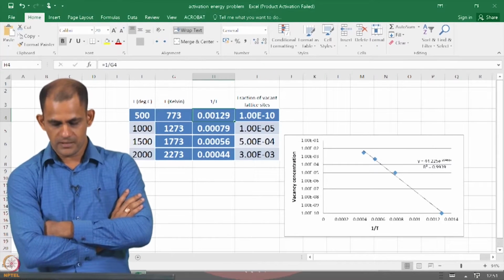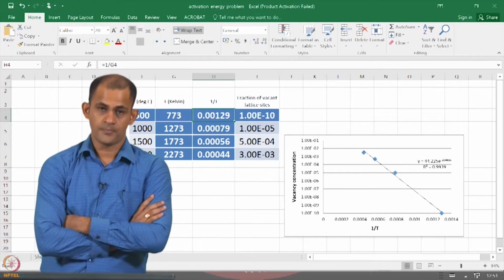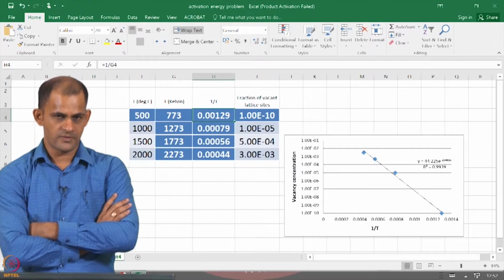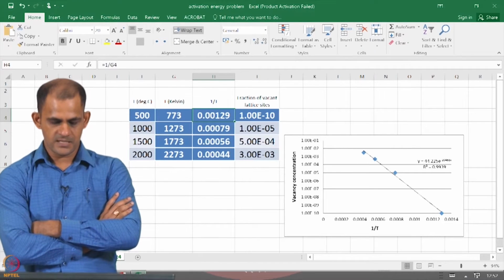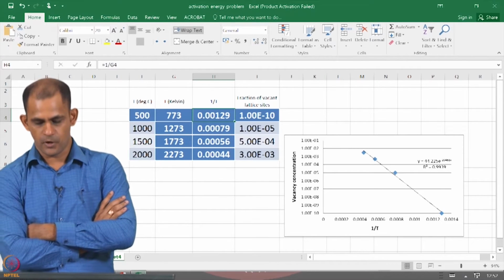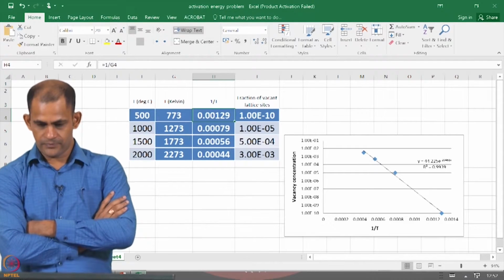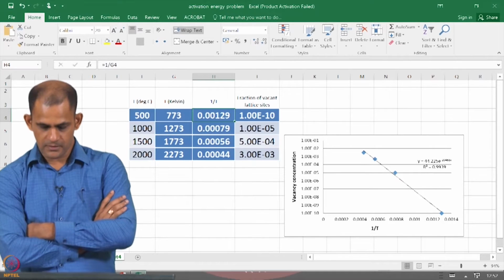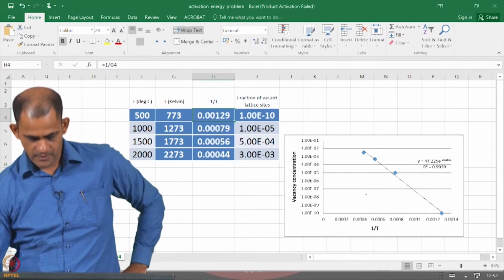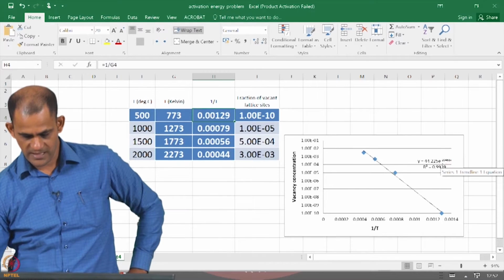When you do that, you will see that when you plot the natural logarithm of the vacancy concentration versus the inverse temperature, you will get a linear plot, and the fit for this data is given by the following equation here. So, you have the y axis as a function of x and with a constant involved.